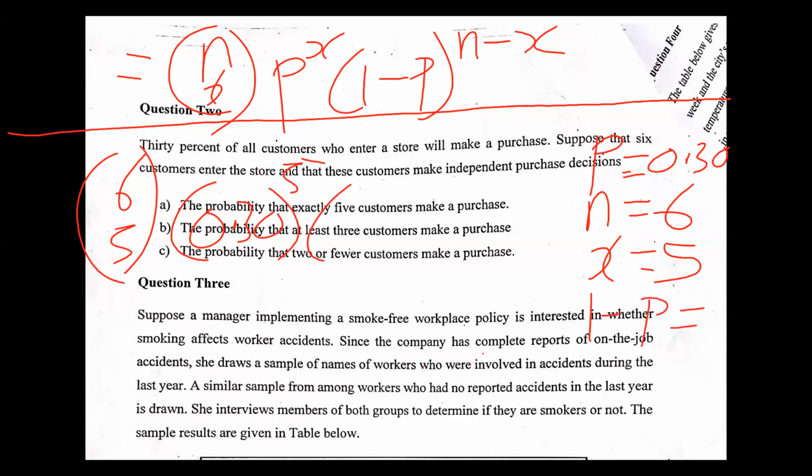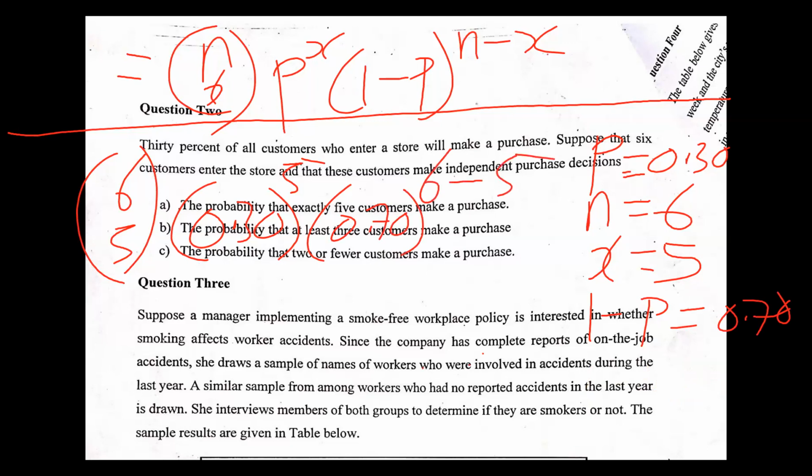What is 1 minus P? Our probability is 0.3, so 1 minus 0.3 is 0.7, or 0.70, still the same thing. So that is what we're going to put here: 0.70 raised to the degree N, which is 6, minus X, which is 5.